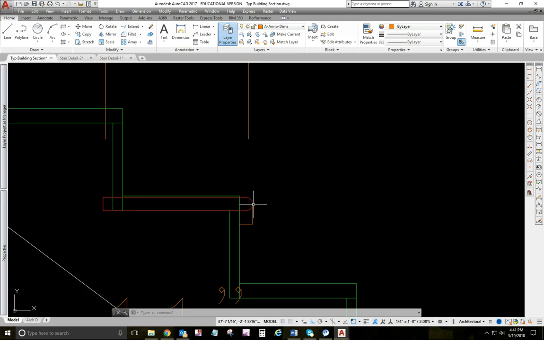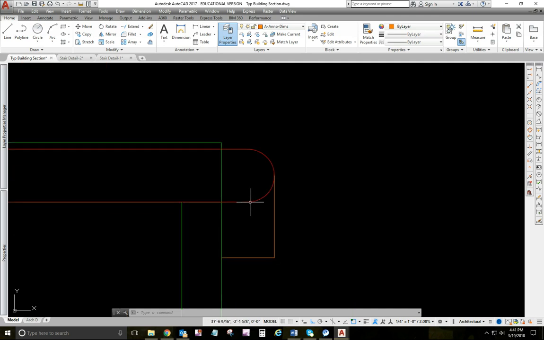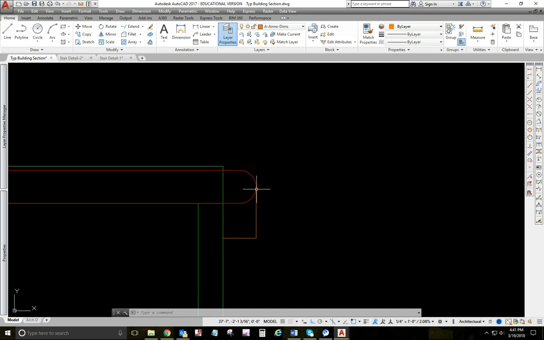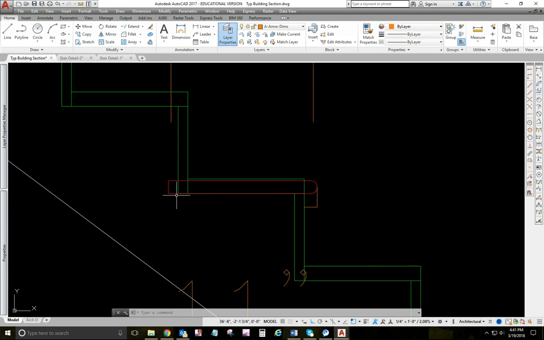You typically want the nosing to stick out 1 inch past the front of the riser. That's kind of a norm. You don't want to try and meet the rounding tangent point here exactly. It's too complicated. So typically about 1 inch sticks out. And then you can see based on your design what you've got left.